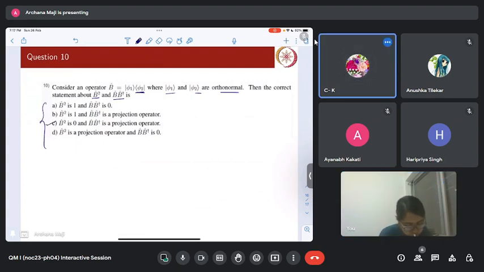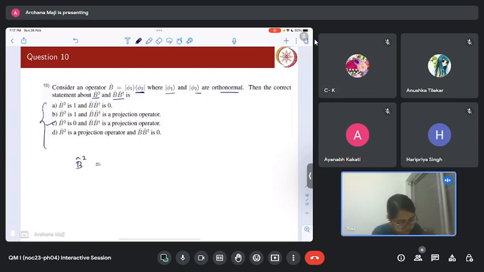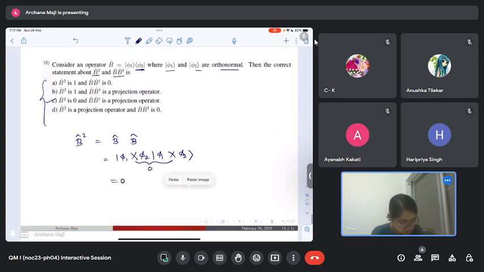C? Yes. Okay. So B cap square is, yeah, it says orthonormal phi 2 and then again phi 1 phi 2. Now this is 0, so this is 0, and B cap dagger is phi 1 phi 2 dagger, so it's phi 2 phi 1.